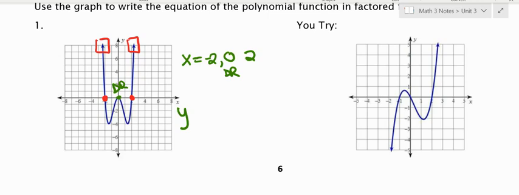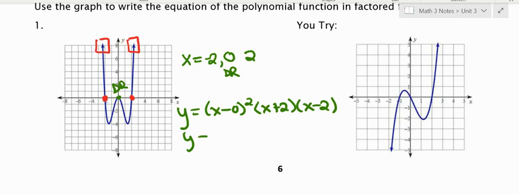If I rewrote it in factored form, 0, if you did the opposite of x minus 0, right, that doesn't do anything, but there's 2 of them, x plus 2, x minus 2. And then this simplifies to be x squared, because x minus 0 is just x. And so if I was going to write this out, this would be my answer in factored form.